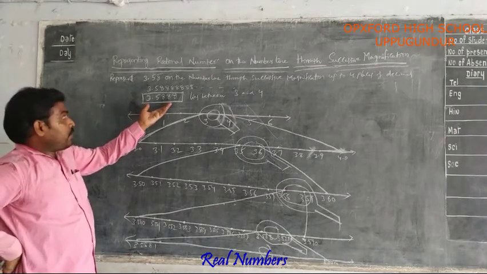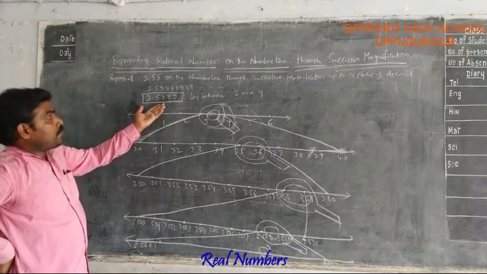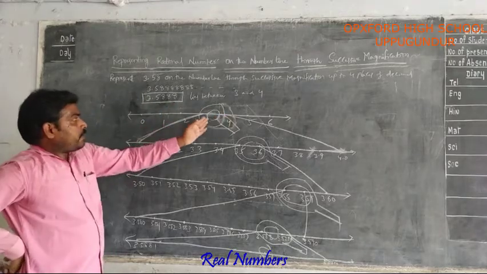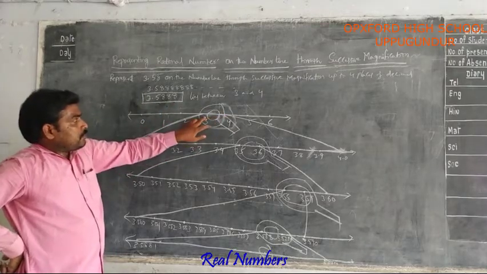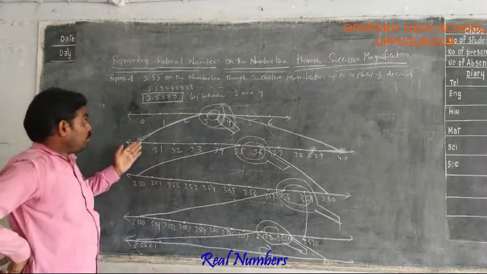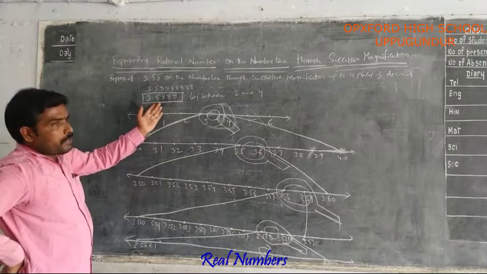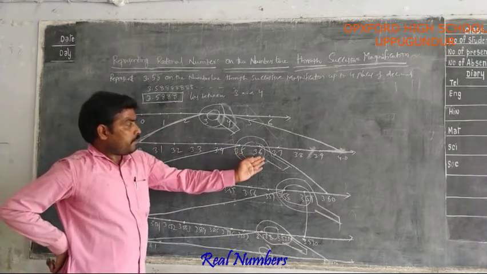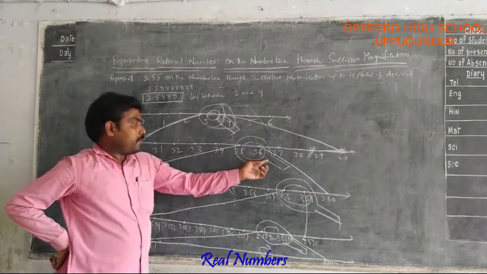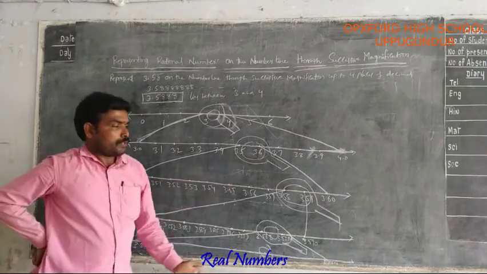First we have to check which integers this number lies between. Here it lies between 3 and 4. Again we divide the interval between 3 and 4 into 10 equal parts. Now we observe this value lies between 3.5 and 3.6. Again we divide that interval into 10 equal parts.